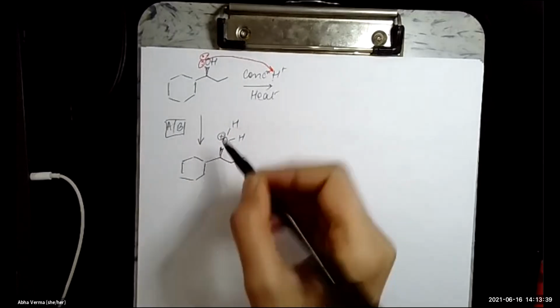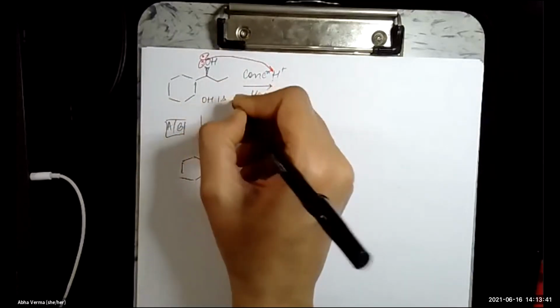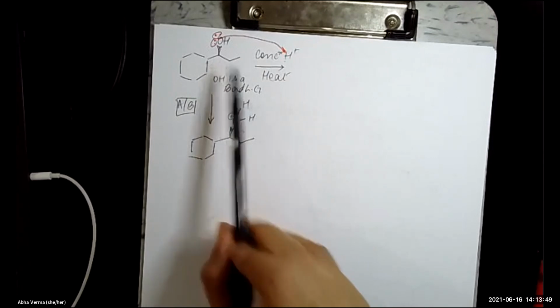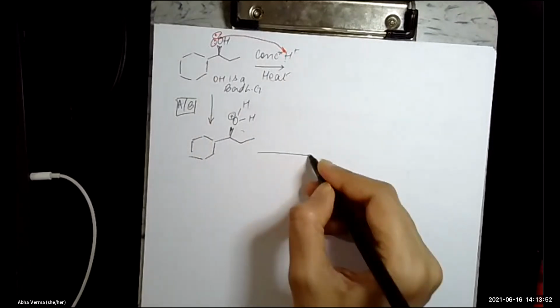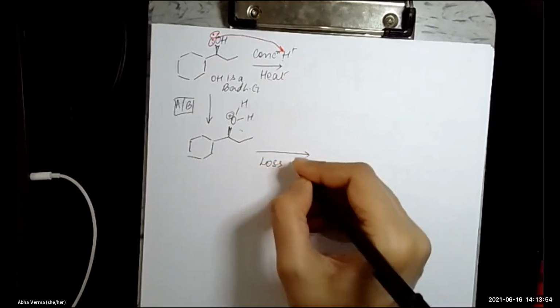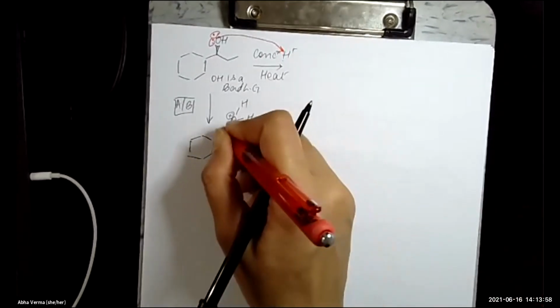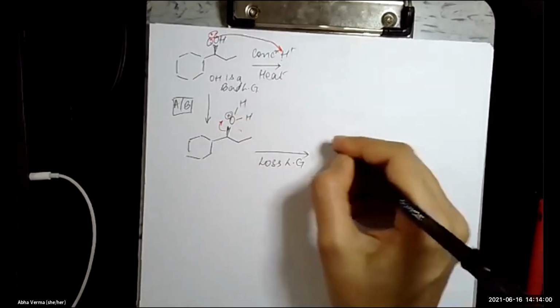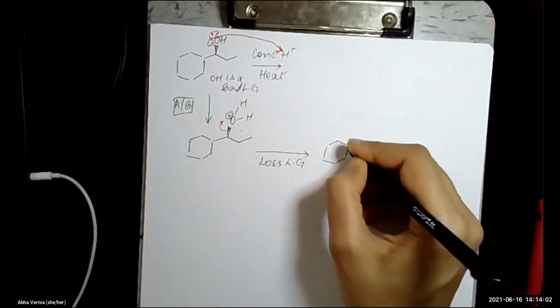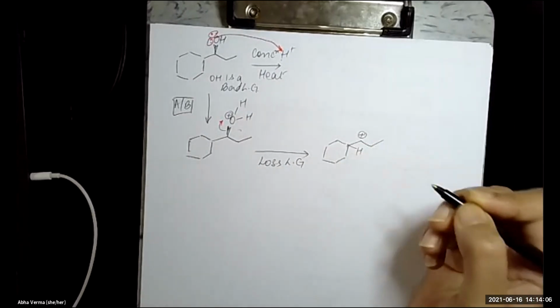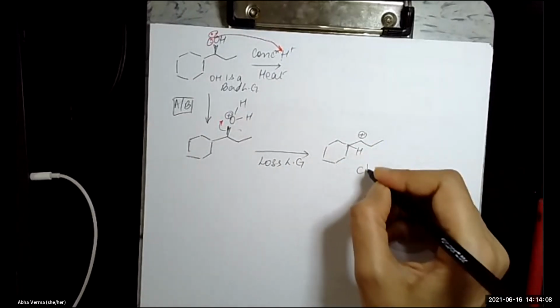Once the protonation has happened, remember OH is a bad leaving group. For a secondary alcohol, E1 will proceed, in which the leaving group leaves first. So your leaving group leaves and a carbocation will be formed. What do carbocations do?